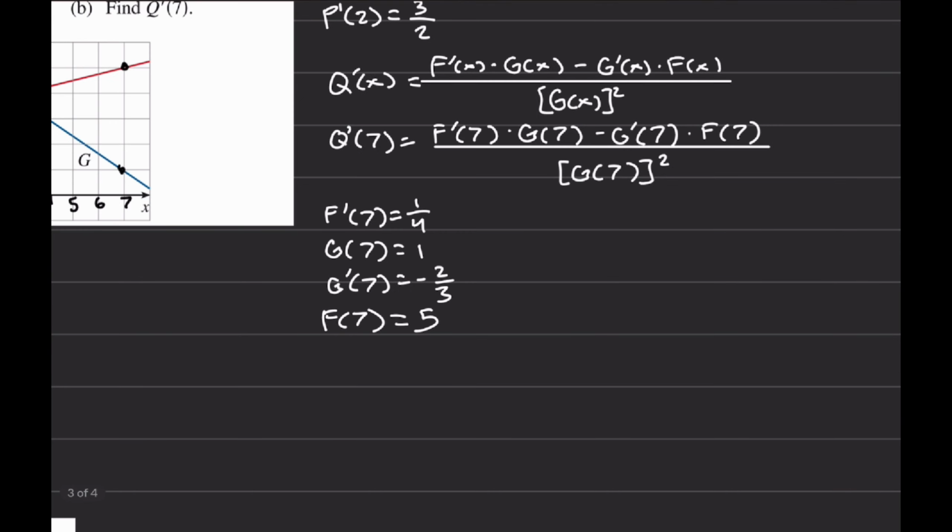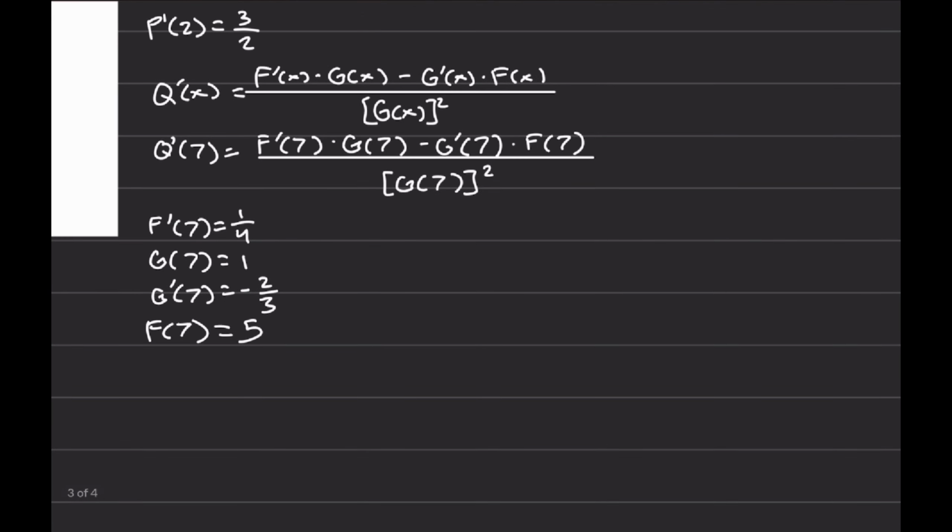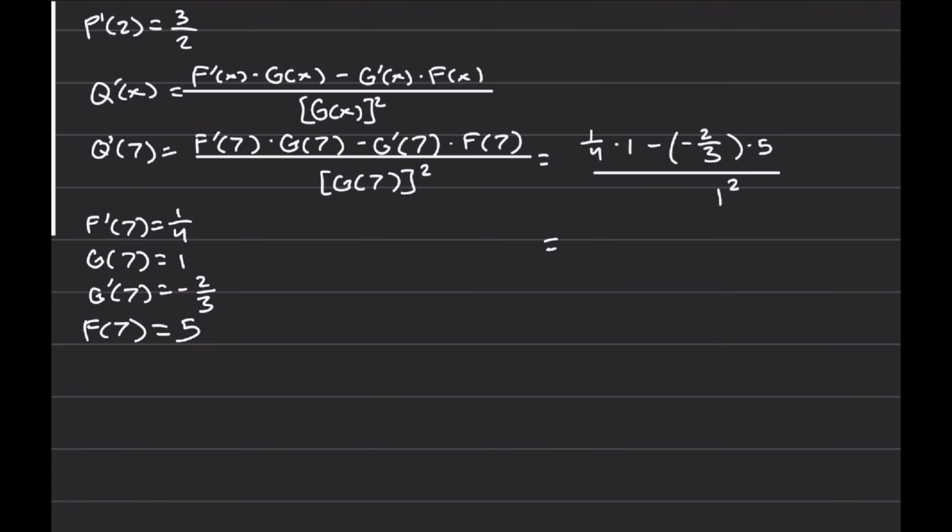And now we know all of our values, we can just plug them in, right? F prime of 7 is 1/4, g of 7 is 1, g prime of 7 is negative 2/3, and f of 7 is 5, over 1 squared, which is 1. You get 1/4 plus 2/3, and then times 5, which is 10/3.